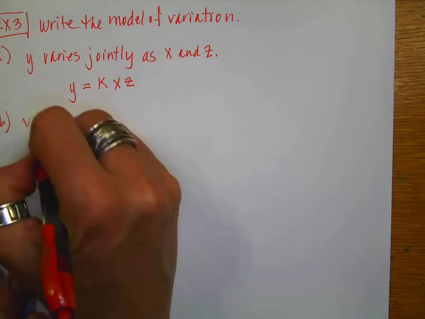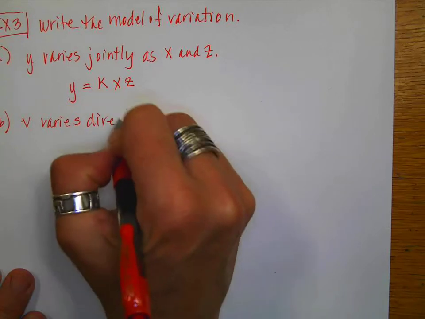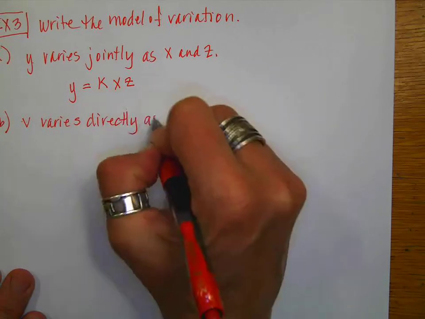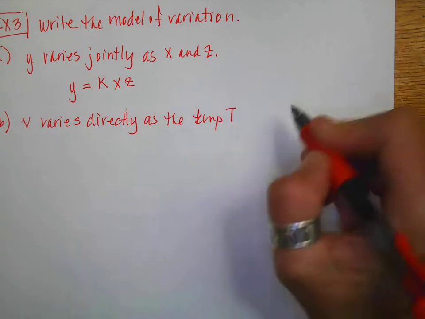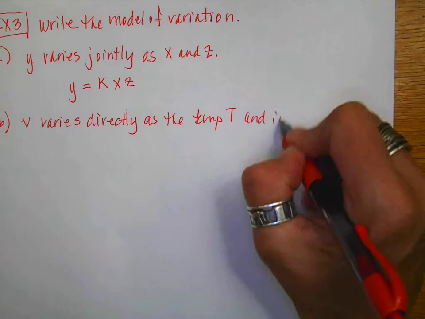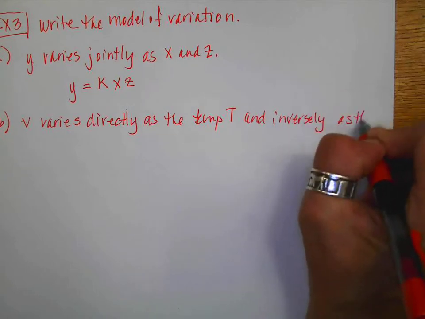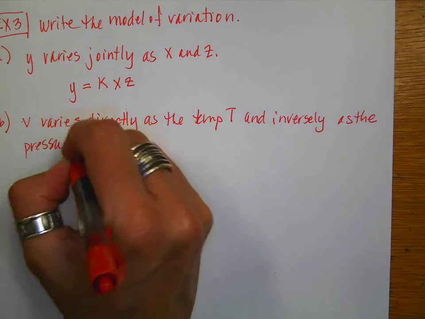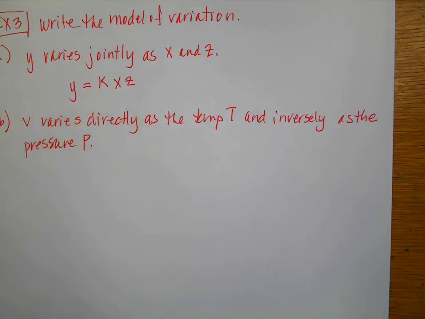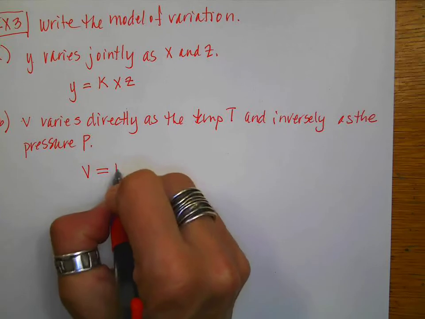And then the B part would be V varies directly, here we go, as the temperature T, and inversely as the pressure P. So now they're combining several different kinds, and so we just write as we read.